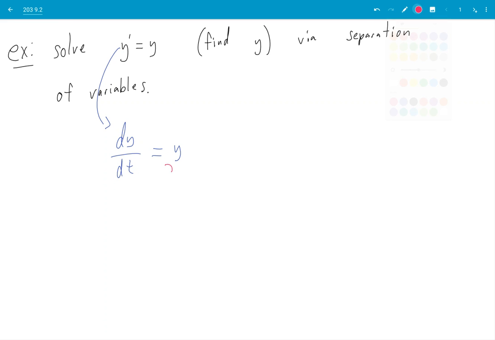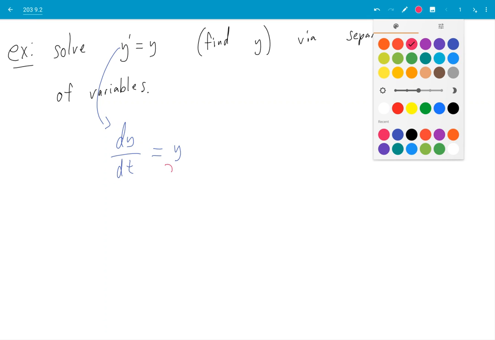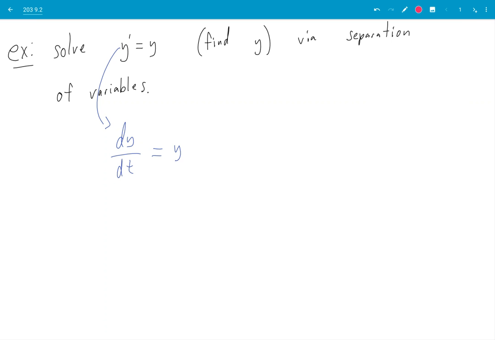So we're separating the y's and the t's. Okay, let's do that. So I get 1 over y dy is equal to dt if we separate here.